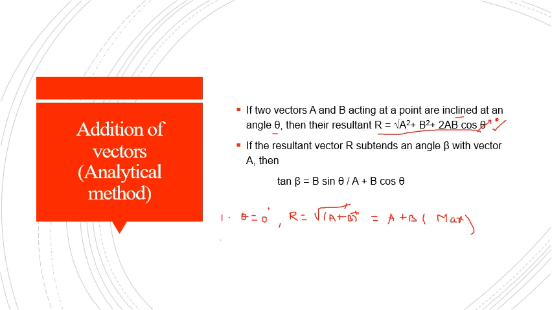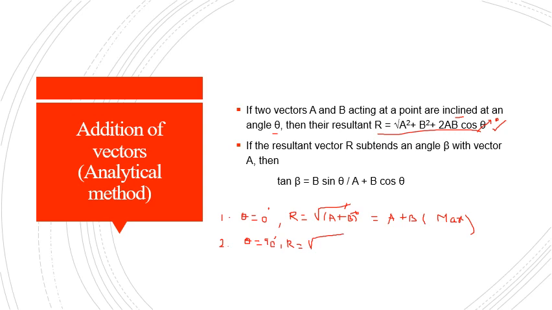And look at the second condition. If theta equals 90 degree, what will be the resultant? R equals square root of A squared plus B squared plus 2AB cos 90. What is cos 90? 0, isn't it?